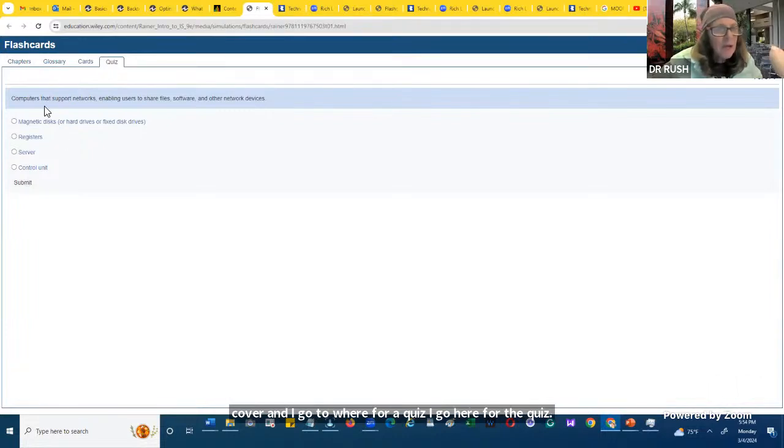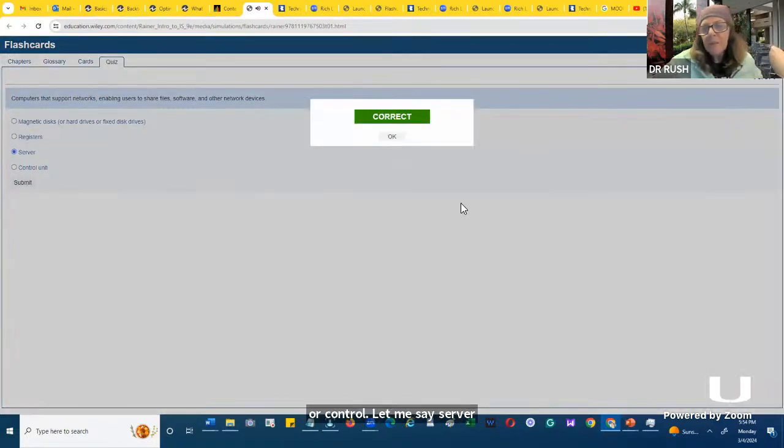This tells me computers that support networks, enabling users to share files, software, and other network devices. If I said, what is it? Magnetic disk, registers, server, or control, let me say server, and I submit, it tells me if it's correct.